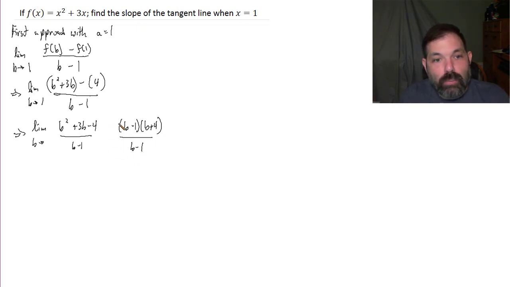So I can remove the factor of b minus 1. Then this becomes the limit with b approaching 1. And I've removed the common factor of b minus 1. And so then this would be the limit with b approaching 1 of b plus 4.